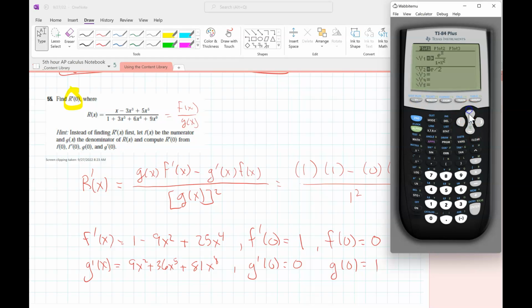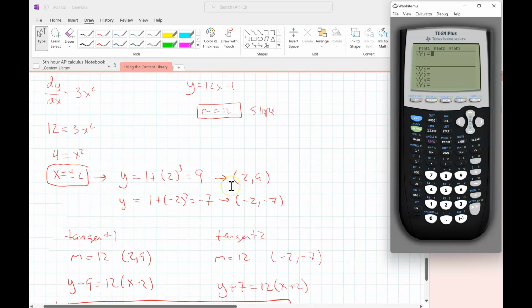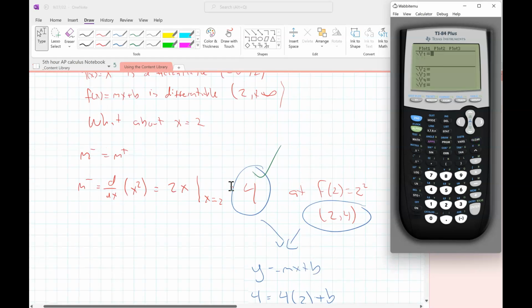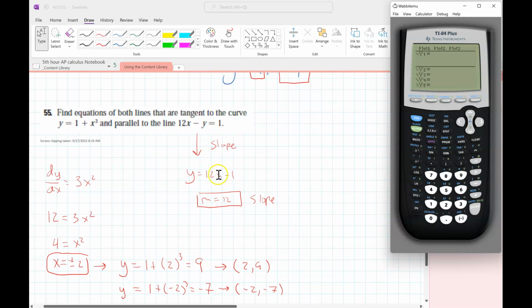So let's go find a problem where we did, well, let's just do something silly like this derivative here. If I take my original and type that into y1, so I'm just taking the derivative of 1 plus x cubed, and I take the derivative that I found, I'm going to put that into y2.